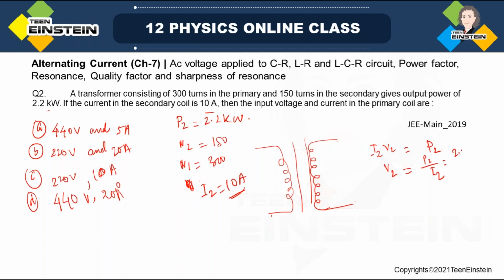P2 is given as 2.2 kilowatt. I2 is given as 10 ampere. So V2 will be obtained as 220 volt.